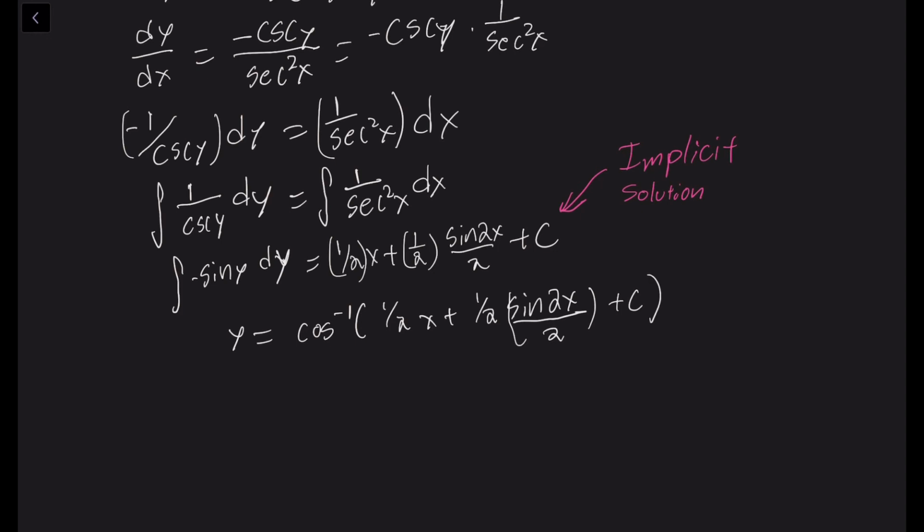Alright, and so here is the explicit solution. So now you're going to need to know how to set these over here to y like this. Because chances are many instructors are going to be asking for the implicit and explicit solutions.